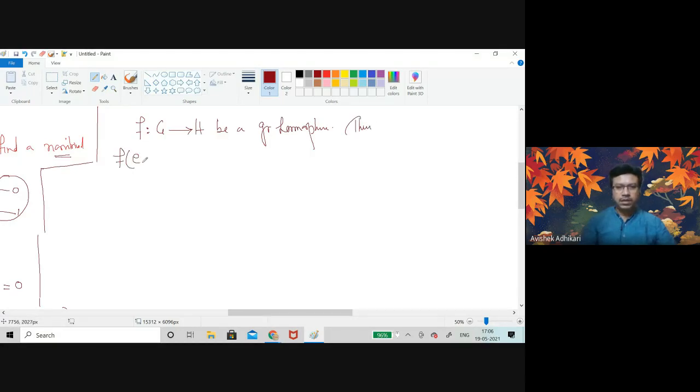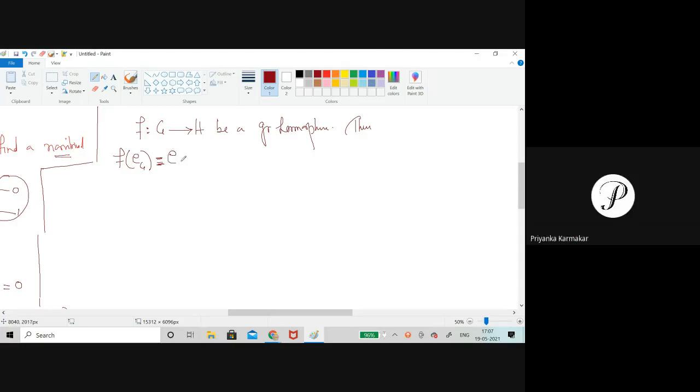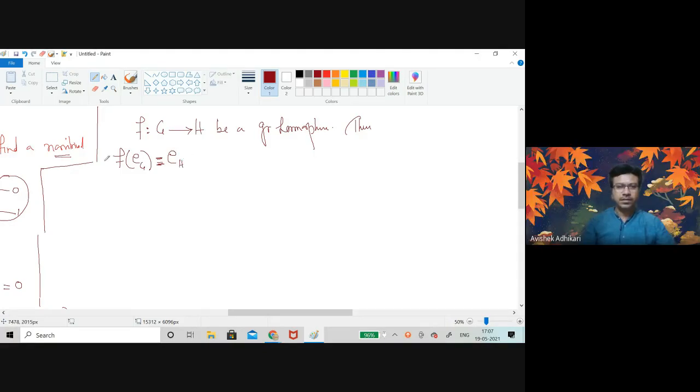what is the value of f of e_G? Now you can understand what I should write here. f of e_G should be what? Any guess? e_H. Very good, e of H. Second, f of a inverse should be what element?